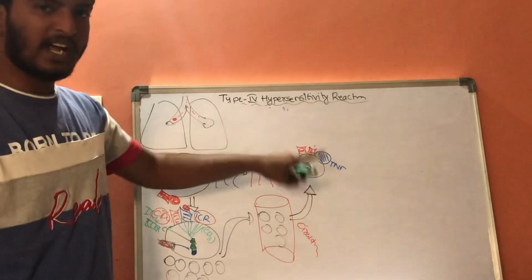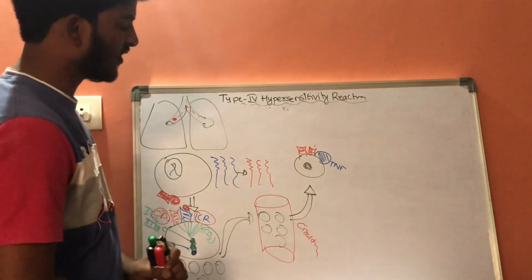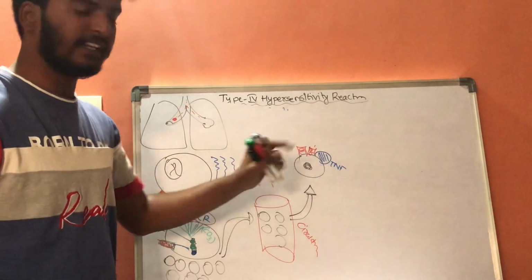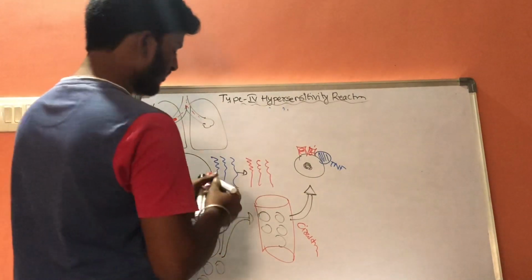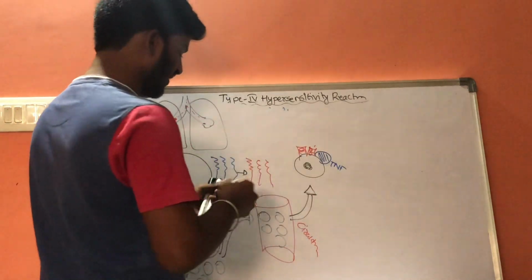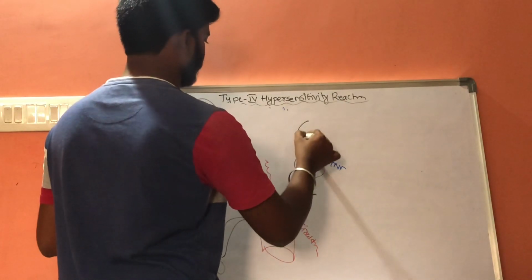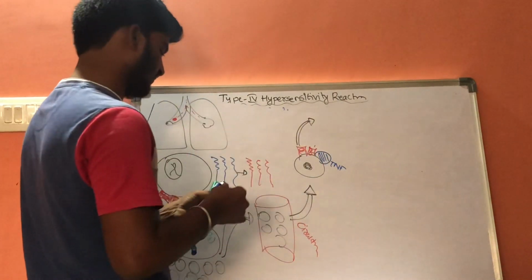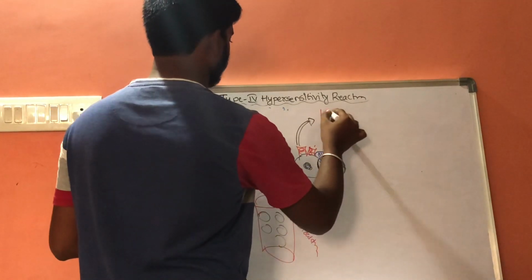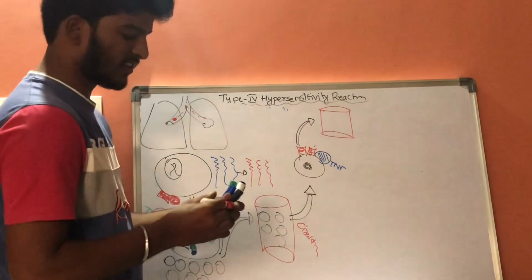Whenever the TB antigen again enters our body, it will activate the tumor necrotic factor. Whenever the tumor necrotic factor is activated, it again enters into the circulation.